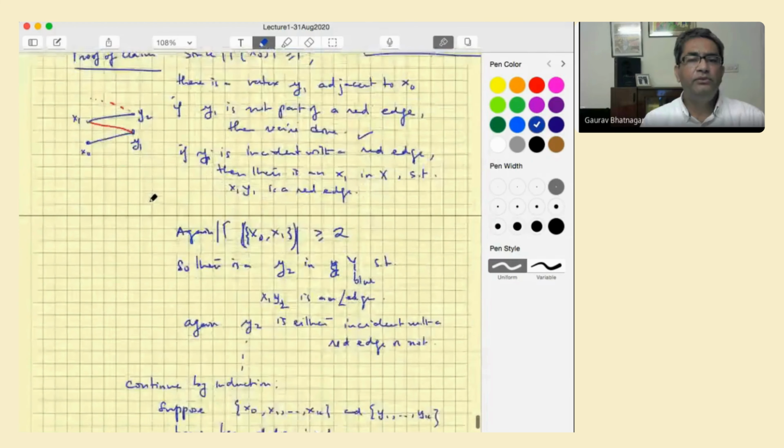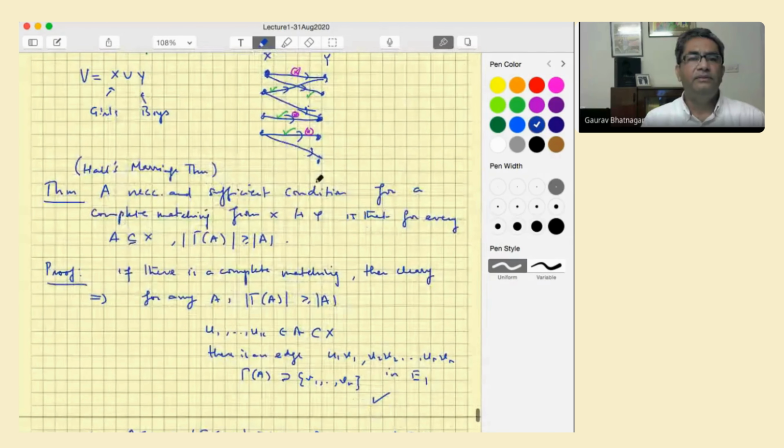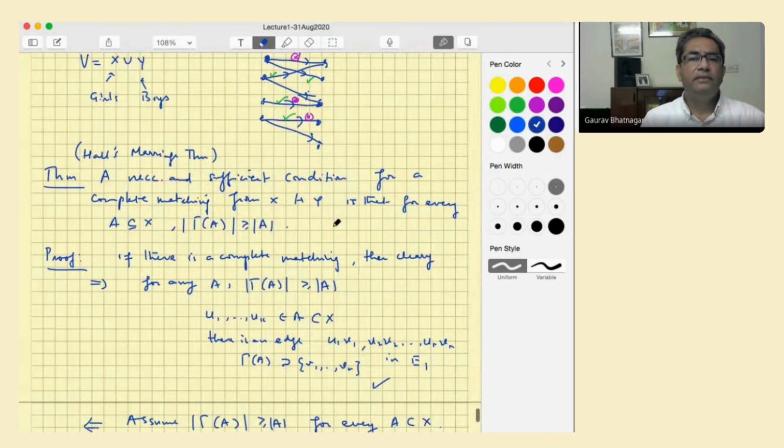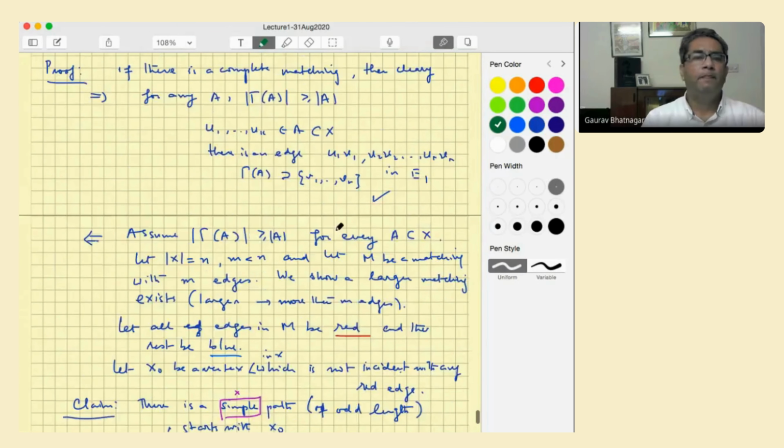I think it's true for bipartite graphs, so let's do that right now. I'll confirm this at some point. So it's bipartite.